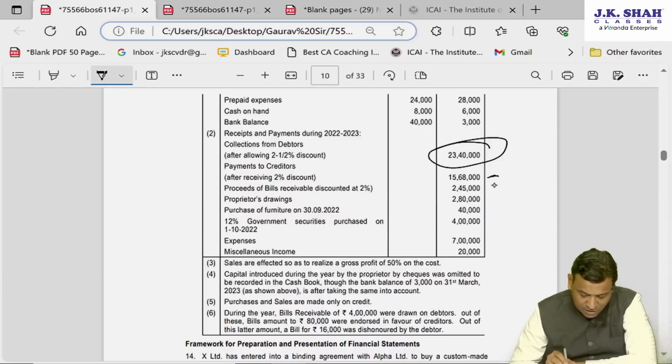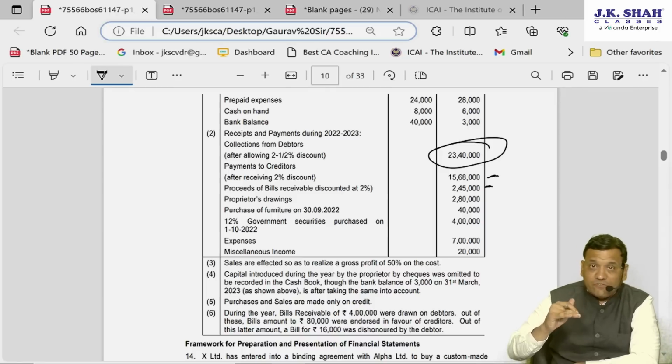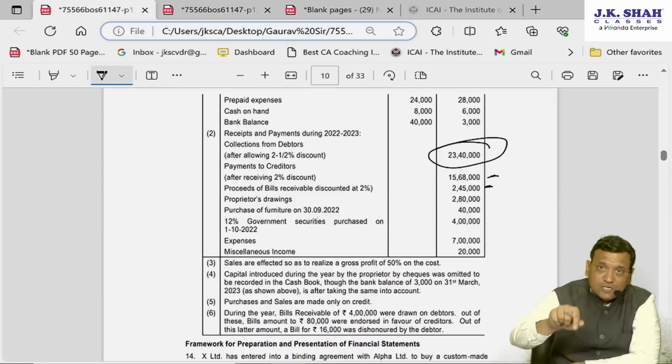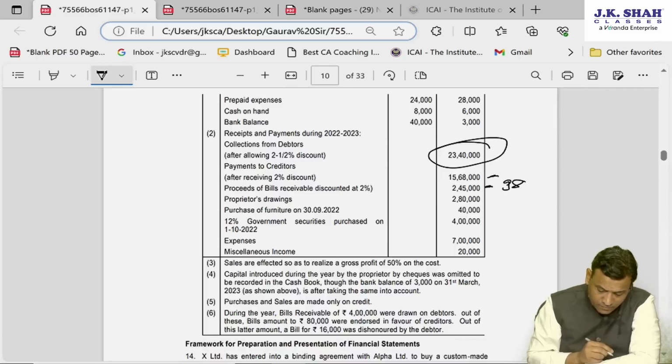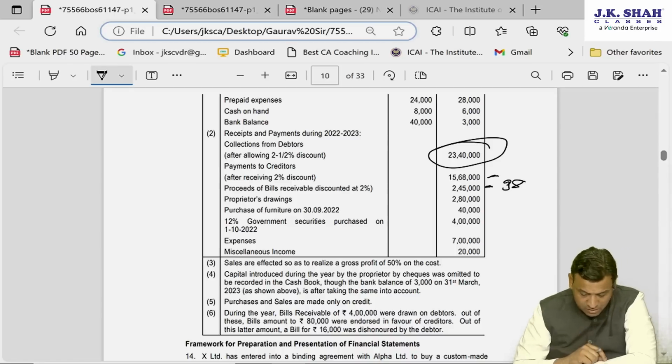Proceeds of bill receivable discounted, you have discounted at 2%. So bank account debit 245, discount account debit, that is 2%. Don't say 245 2%. 245 is after 2% discount, means 245 actually indicates 98%. So bank account debit, discount account debit to bill receivable.